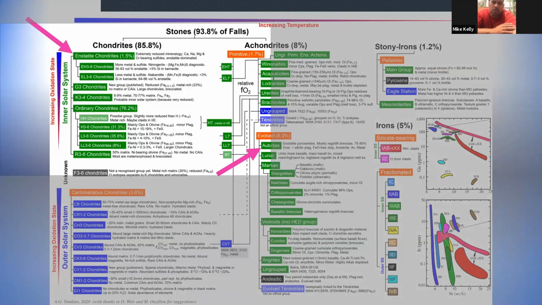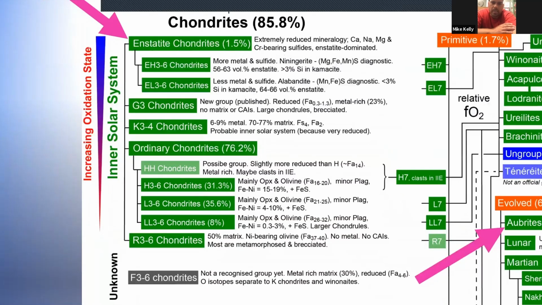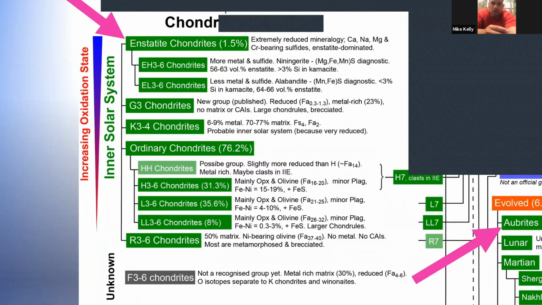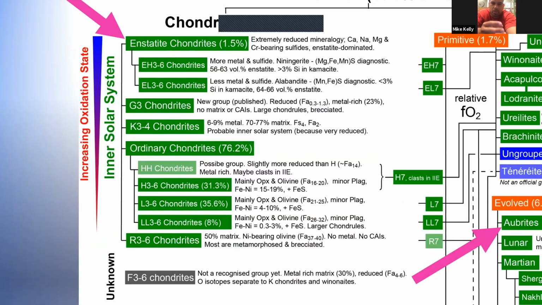The difference between the two is mostly in the metal grains. The enstatites are a very reduced type of meteorite. When I say it's a reduced environment, it means there's not a lot of free oxygen when they're forming.